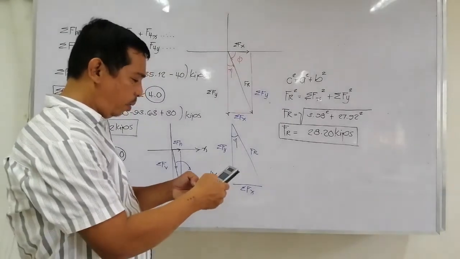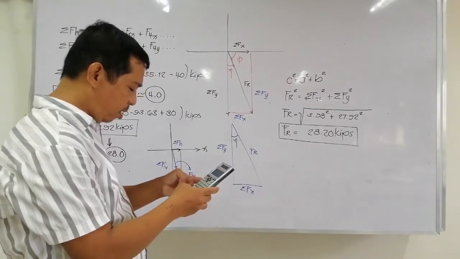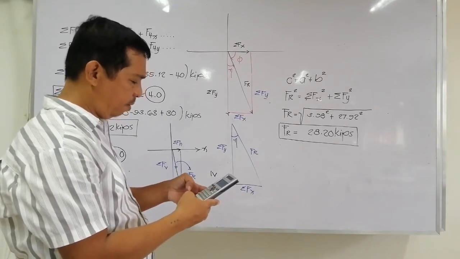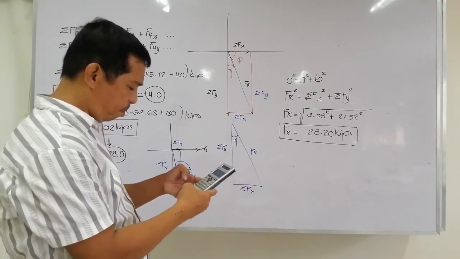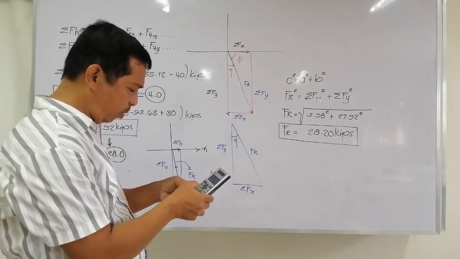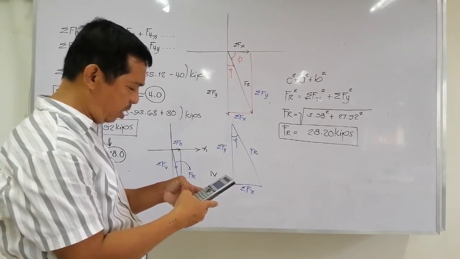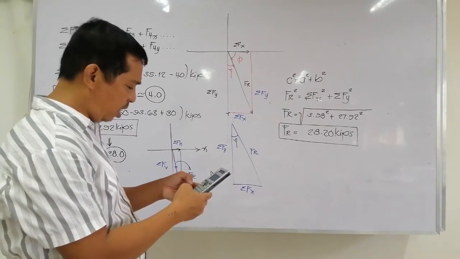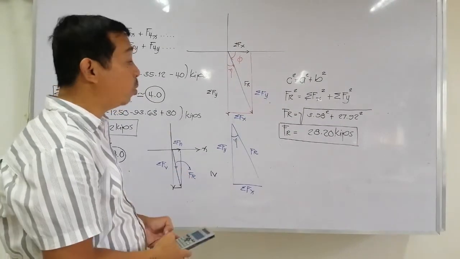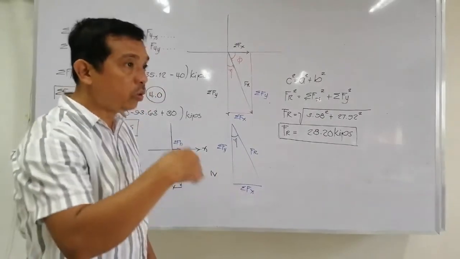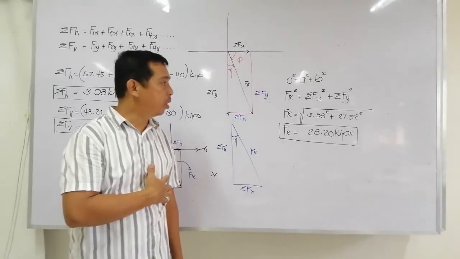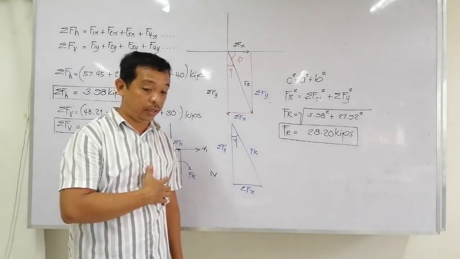So, we have 3.98 squared plus 27.92, that is b squared. Then extraction of the root of the answer gives us 28.20 kips. Now, yung sagot natin via triangle method, kung nagkakamali is 28.19 kips.